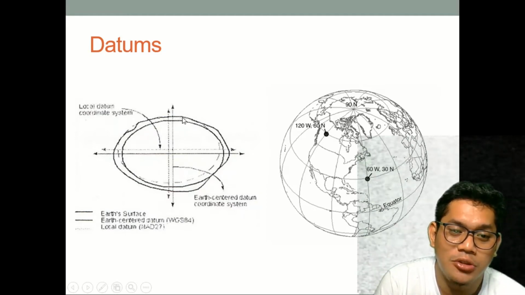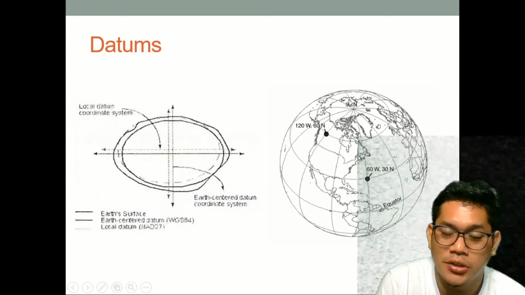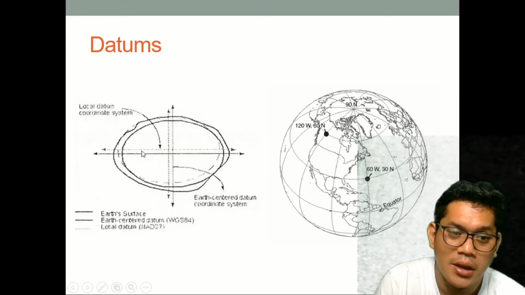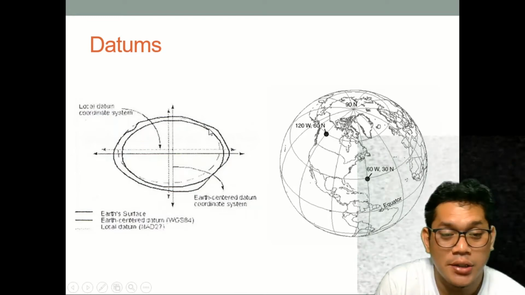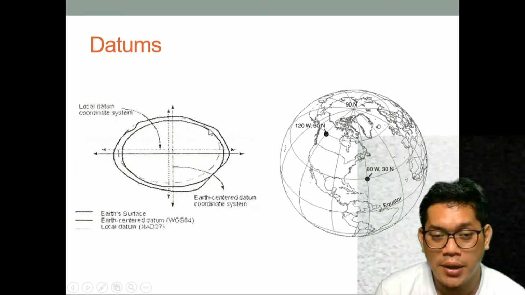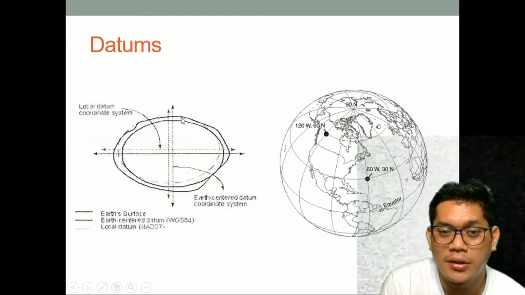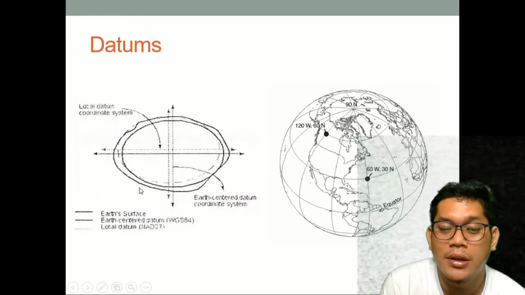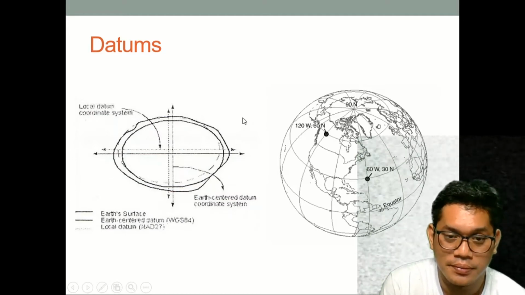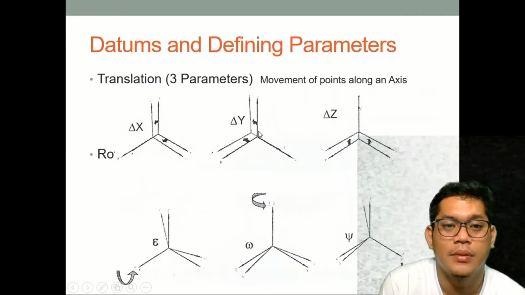This is for the WGS1984, which is what we use for the coordinate system. However, the real world is something like this. That's why if you are using GPS and the WGS1984, you might get some error data due to the difference of the datum settings. Bear that in mind.